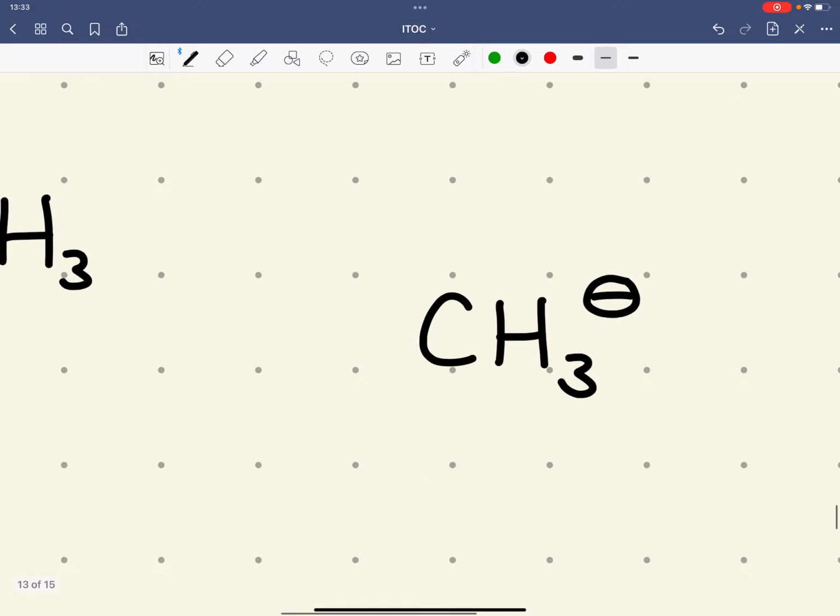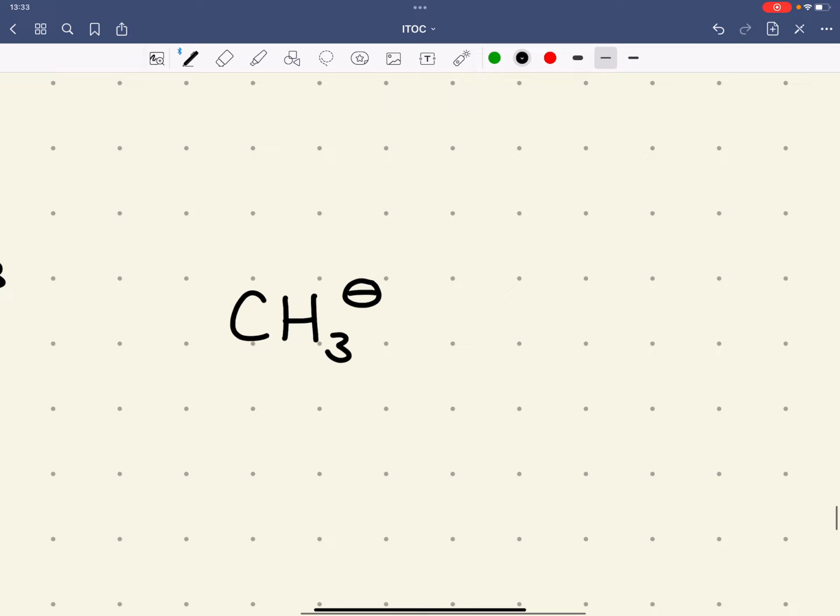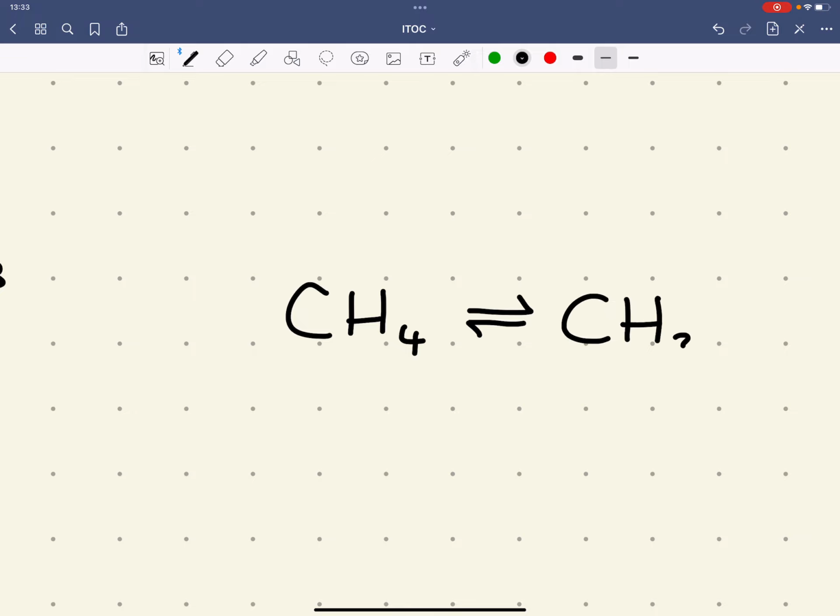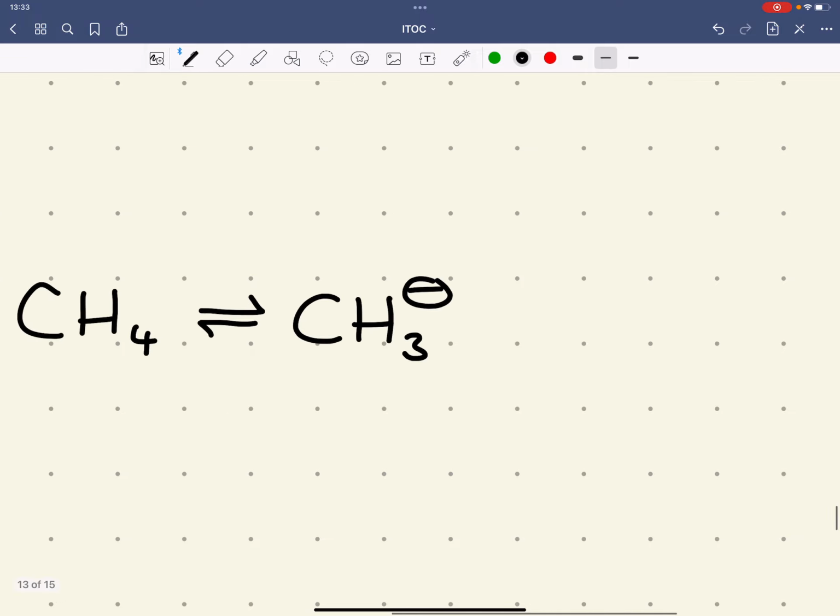You cannot kick out a CH3 minus ion, okay? Because this is not a weak acid. This would be an insanely strong acid. Now let's just consider what we've done in previous examples. CH4. Remember that this, we call this the conjugate base here.